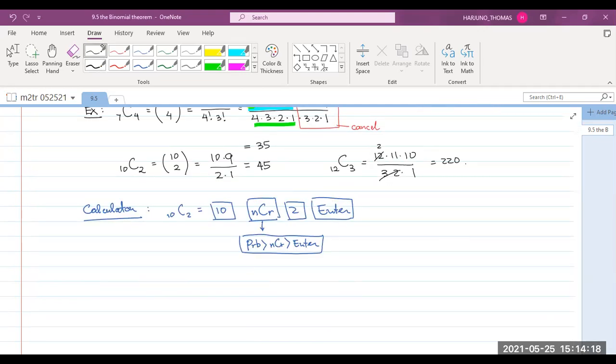The binomial theorem. Binomial theorem is one of the very important building blocks that you need to know before you go to pre-calculus, before you go to calculus.